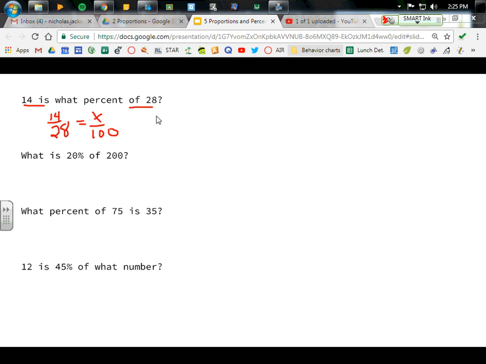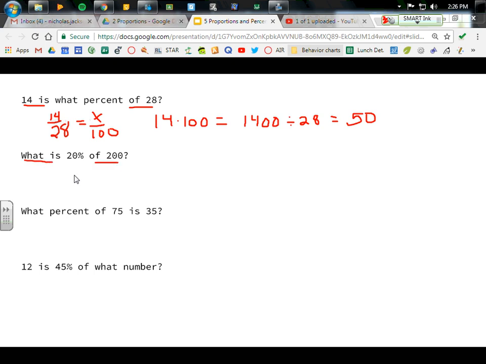You cross multiply 14 times 100 to get 1,400, and then you divide by 28, and you will get 50. So it is 50%.